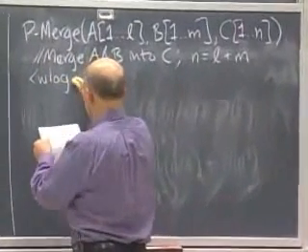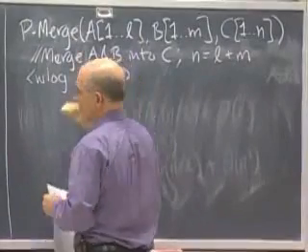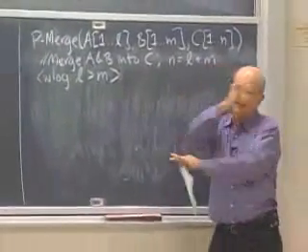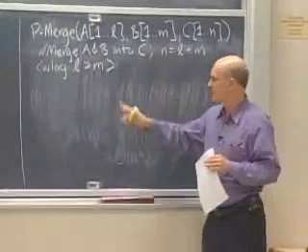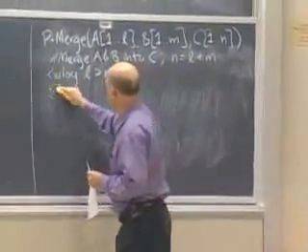So let's see. Without loss of generality, I'm going to say L is bigger than M, as I showed here, because if it's not, what do you do? Just do it the other way around, right? So I figure out which one is bigger. That only costs me order 1 to test that.